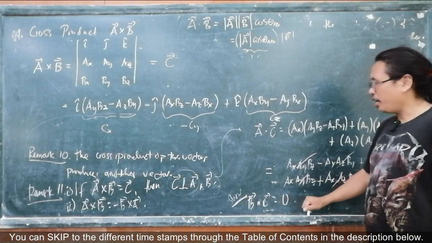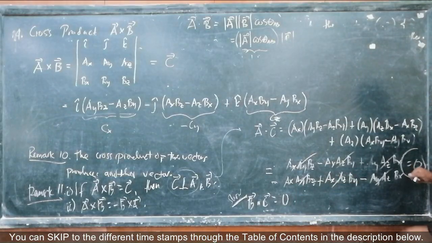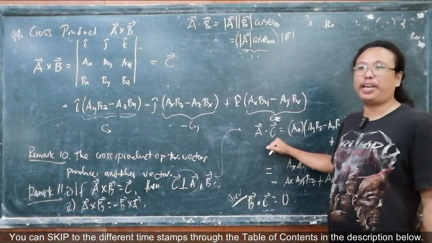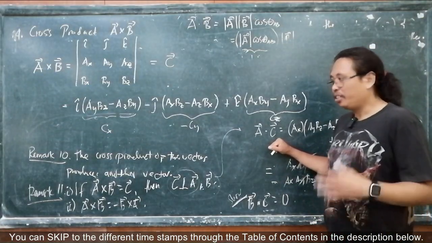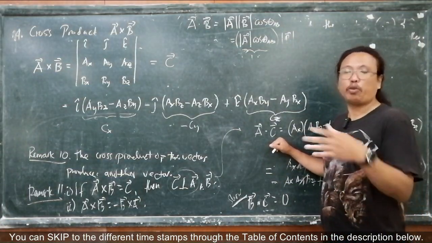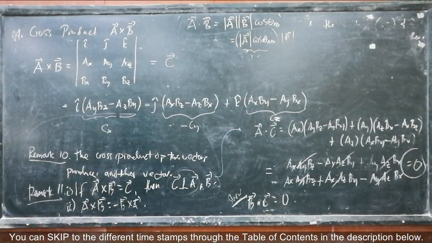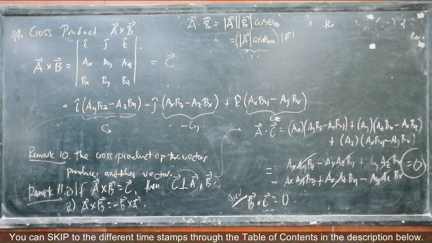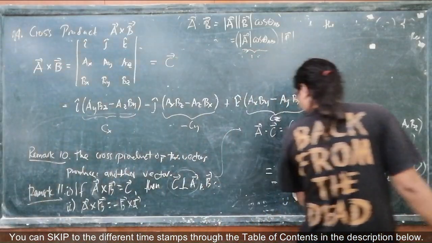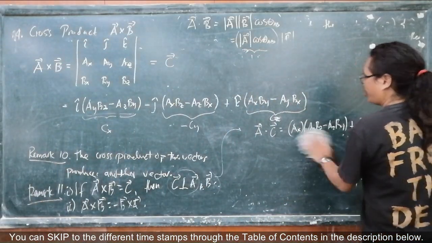So we have proven that since A dot C equals 0 and B dot C equals 0, therefore C is perpendicular to A and C is perpendicular to B. It produces a vector which is perpendicular to both.